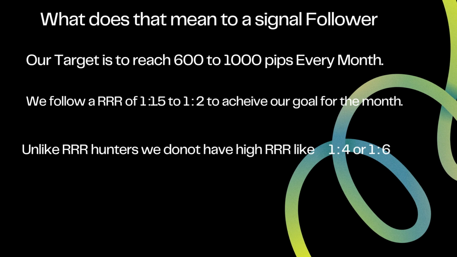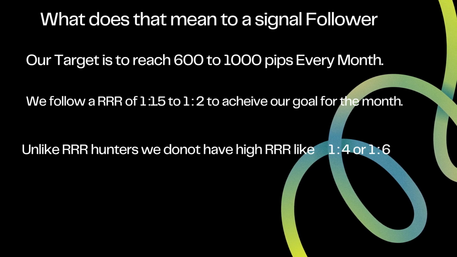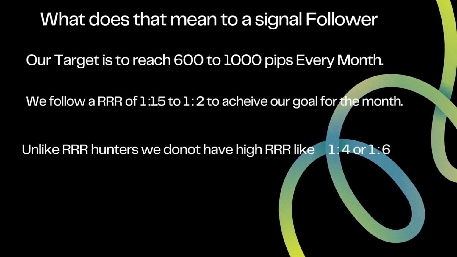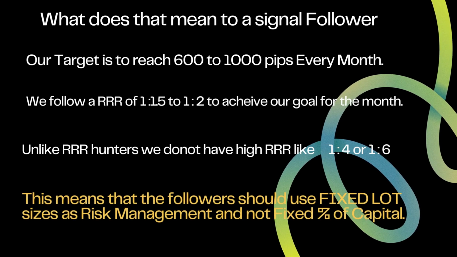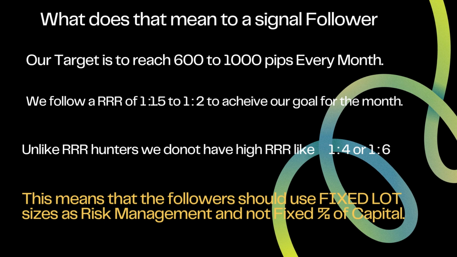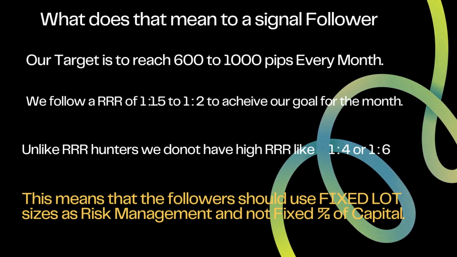We are not much interested in risk reward ratio trades of 1:4 or 1:6, unlike the risk reward ratio hunters. So this means that the followers should use fixed lot sizes as risk management and not a fixed percentage of capital.